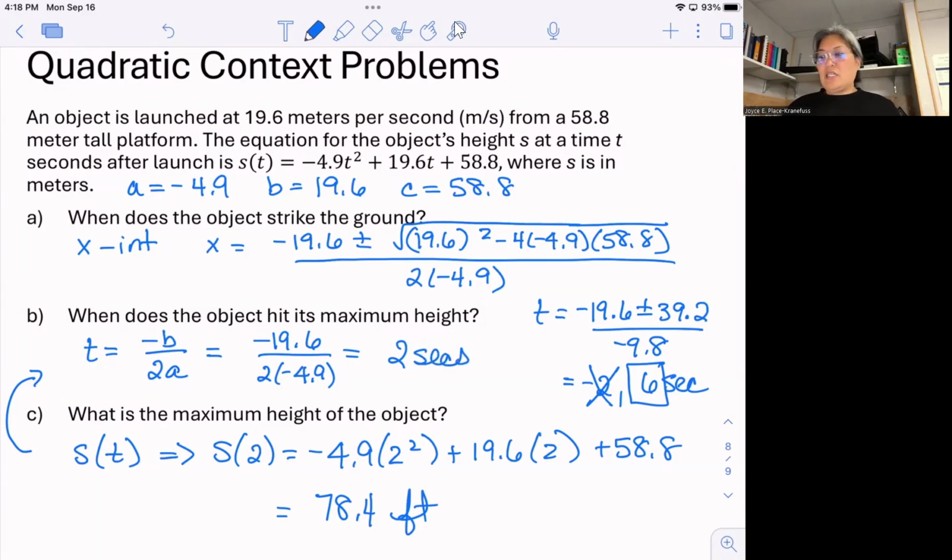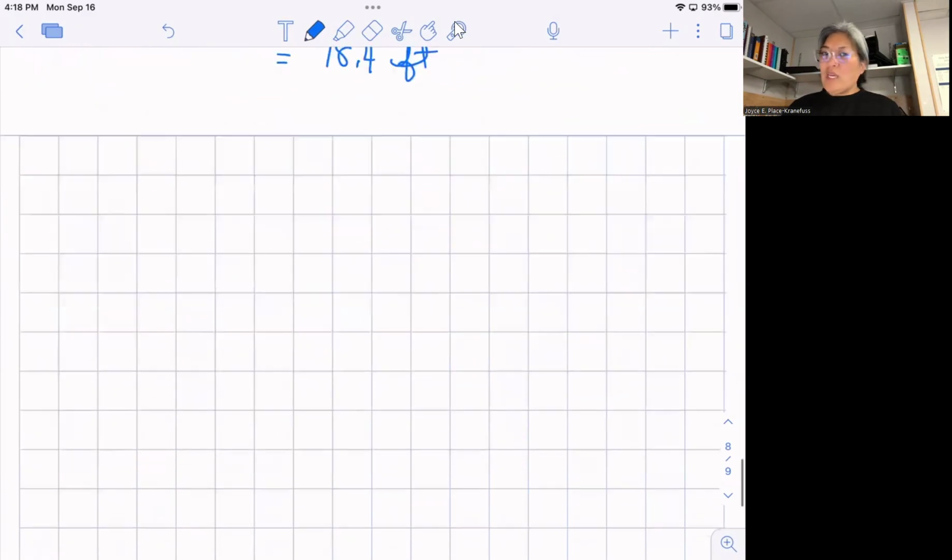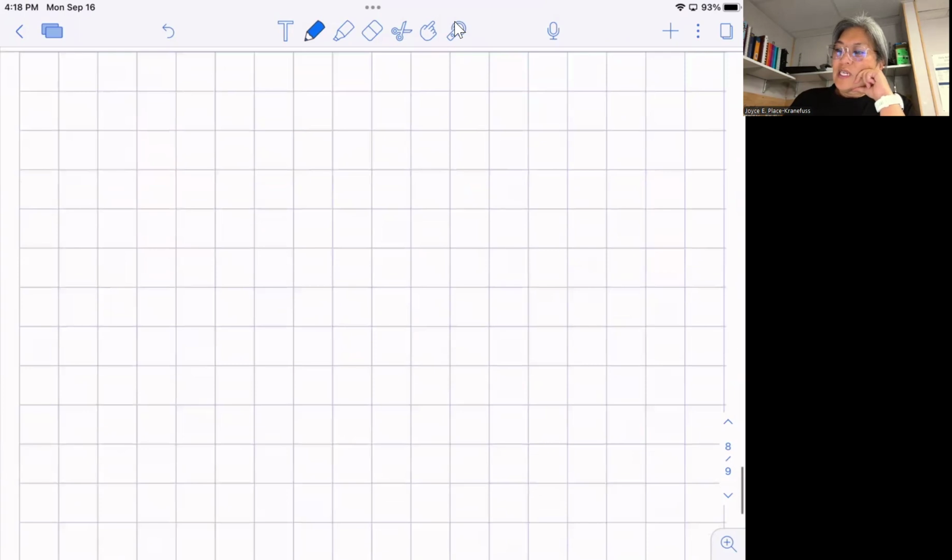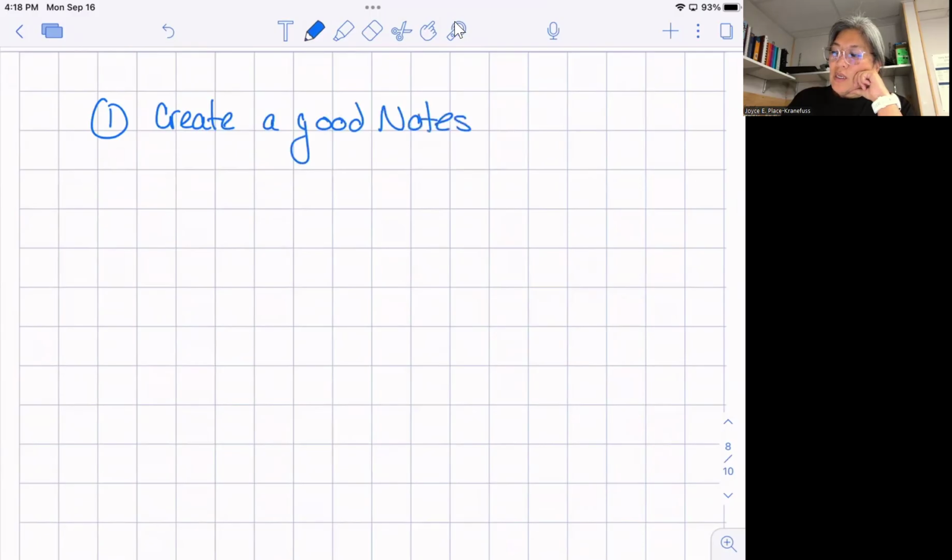So there are the context problems. So what can you work on to study for the test? One, create a good note sheet. This might include formulas. This might include methods of solving. This might include examples of them.